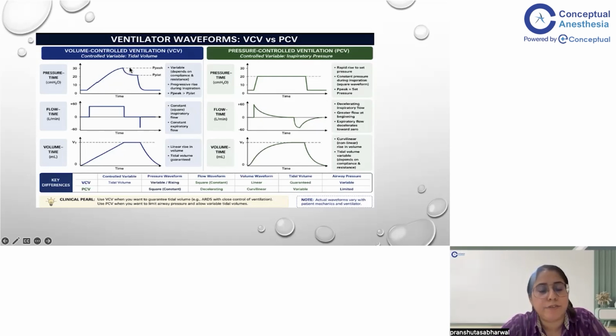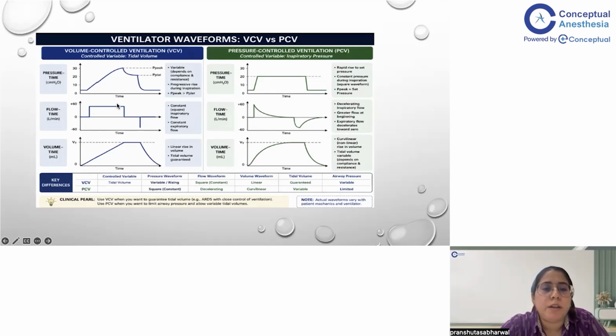Once the flow is reached, the breath will go into an expiration phase. After the plateau pressure, the lower part which I'm highlighting now is the expiratory part. In the flow time scalar also, the start of this square waveform is the trigger, then there is an increase in the flow, then a decrease in the flow, and then it goes into an expiratory cycle.